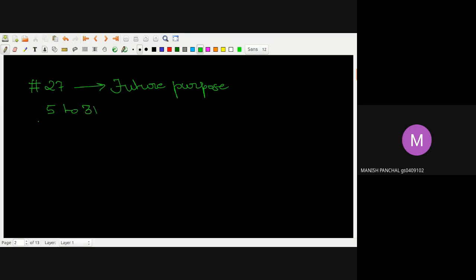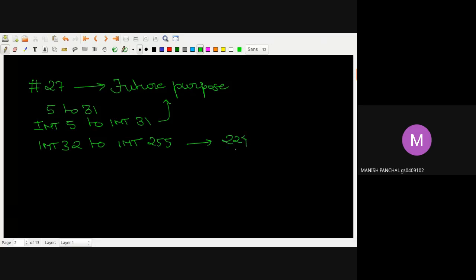So INT 5 to INT 31 are used for future purposes, and the remaining ones, INT 32 to INT 255, mean there are a total of 224 interrupts.